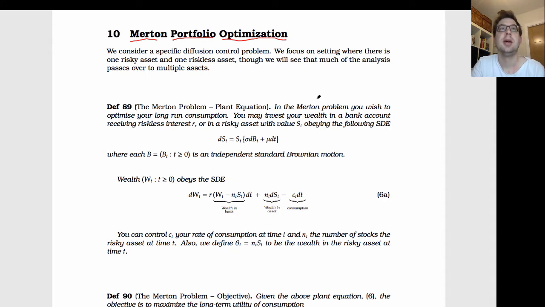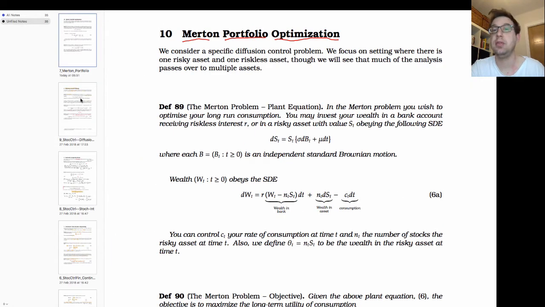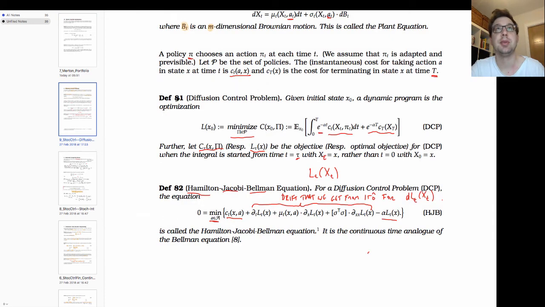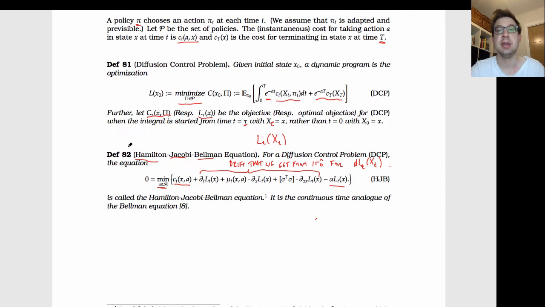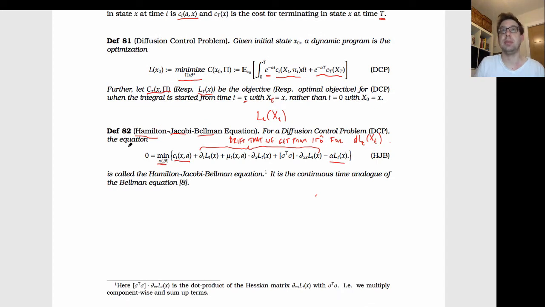Okay, so one of the things I'll quickly recap before we get going with this is our diffusion HJB equation, because we'll need to use that a fair bit. We're going to focus on solving HJB equations for diffusion control problems. Okay, so that's from this page here.